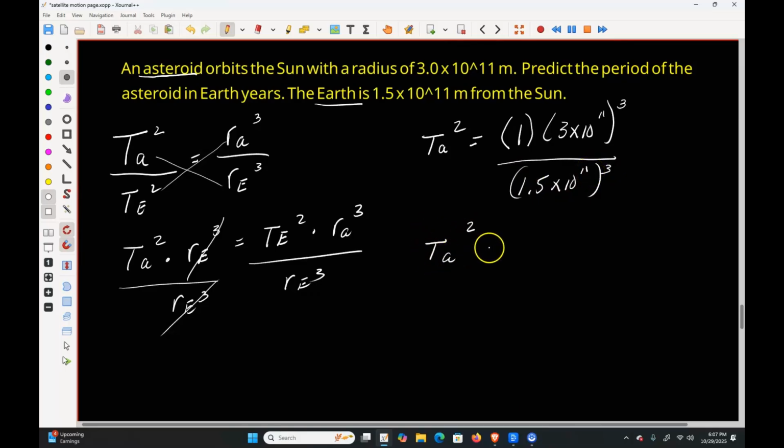So TA squared is 3 over 1.5, that'll be 2 to the third power. So TA squared is equal to 8. So TA will be equal to the square root of 8, which is approximately 2.8 years.